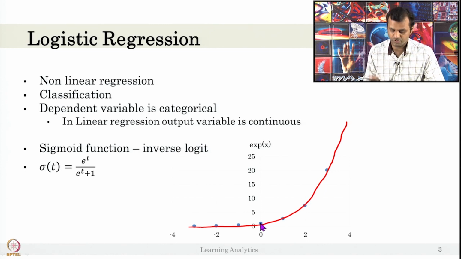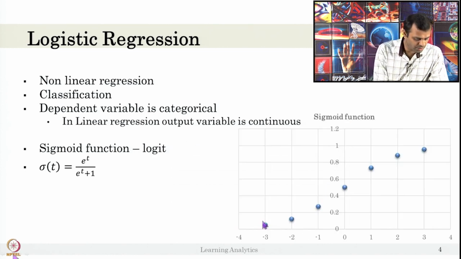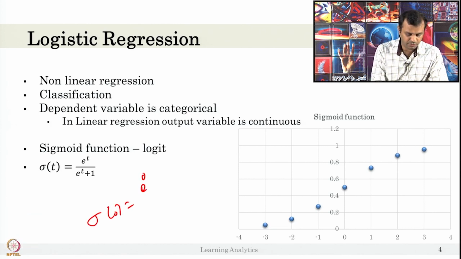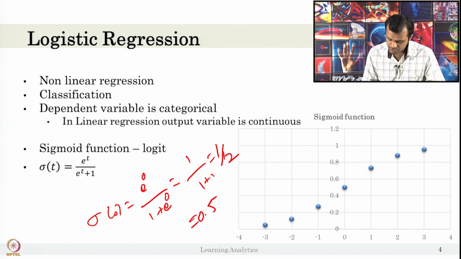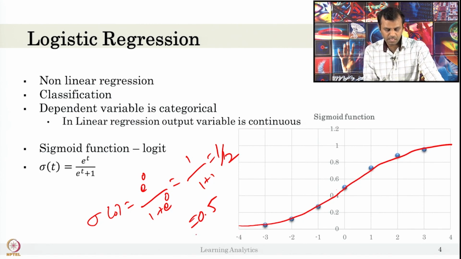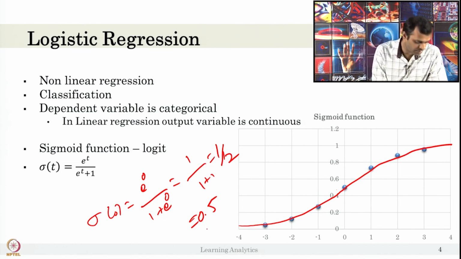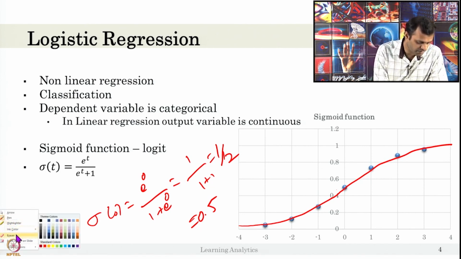So consider the sigmoid of 0 equal to e power 0 divided by 1 plus e power 0, which is 1 divided by 1 plus 1, 1 by 2, so it is 0.5. The curve will be somewhere like this. The minimum will be 0 and the maximum will be 1, it will never actually reach 1 basically.